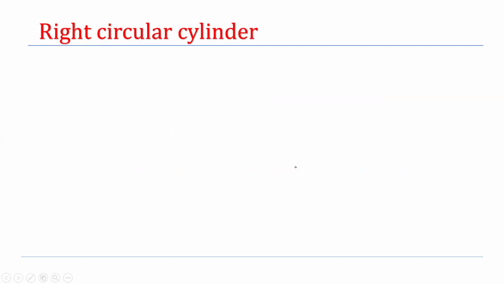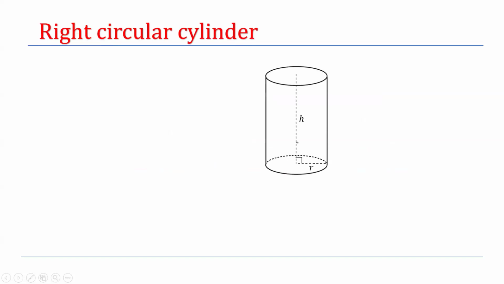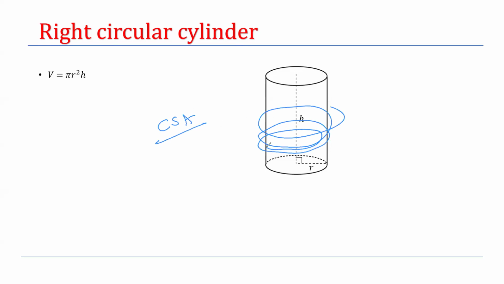Right circular cylinder, we just now discussed. What is the volume of this right circular cylinder? Pi r square into h. Yes, perfect. Volume is pi r square into h. So first we'll see CSA. For curved objects, it will be CSA. This is curved, right? We want all this area. Now, can you tell me what will be this length?